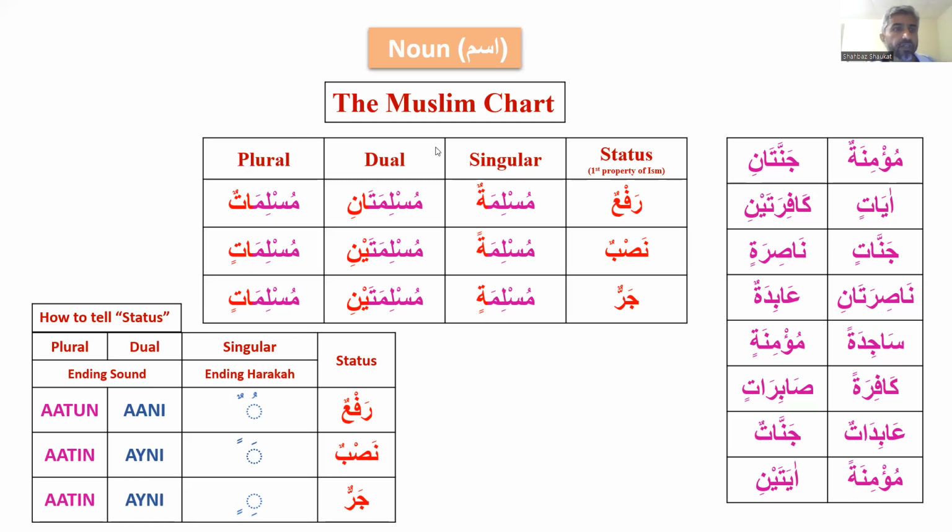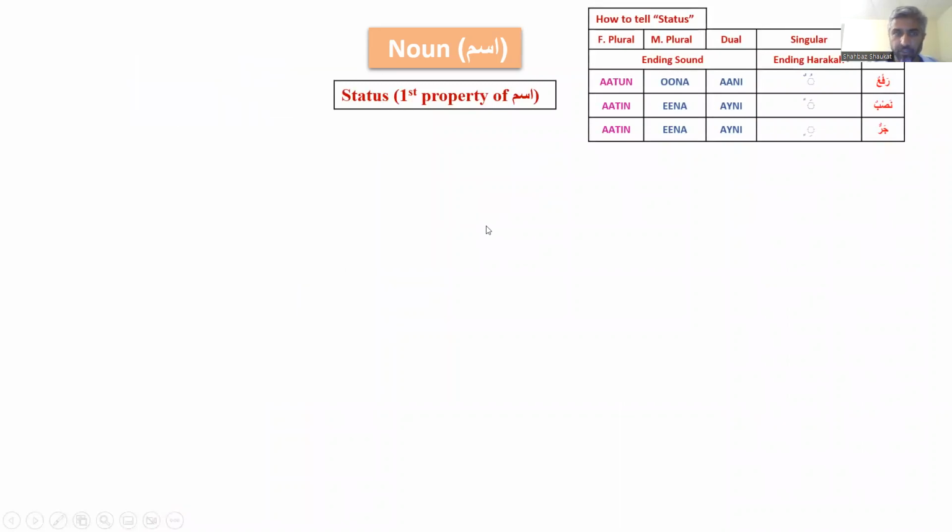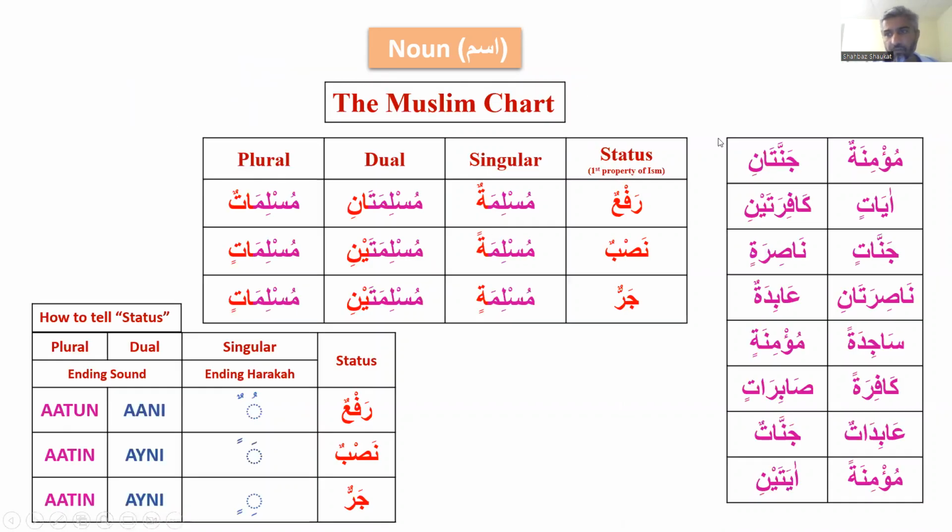Brother Mia Hamid. Ayatin. What is the status? It's jar. Could this be nasab also or no? No. So you see tin sound. It has an ending sound, tin, like Muslimatin. Right? So it could be nasab, could be jar.